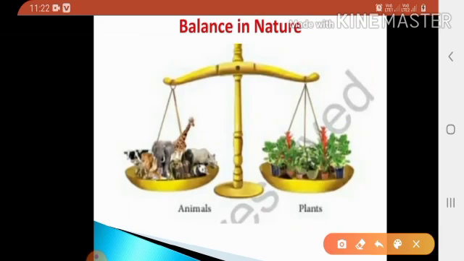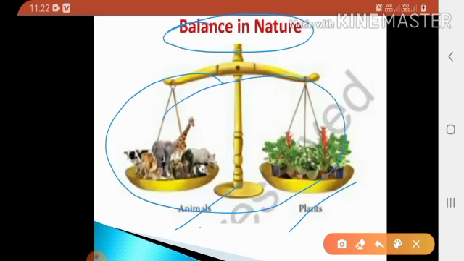Next point, balance in nature. See here, I show one picture, balance of nature. Both plants and animals depend on each other for their food. So, here the picture shows that animals and plants have equal importance to maintain the balance of nature.